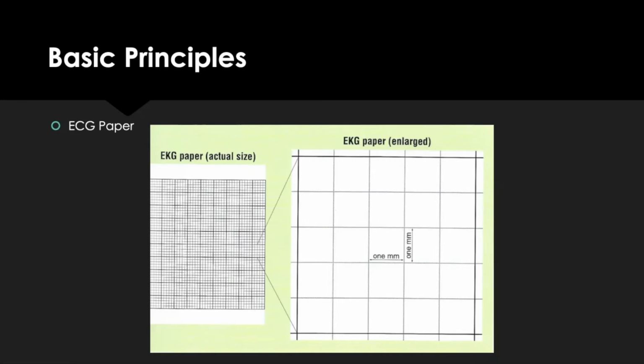Each big square is 0.2 seconds long, kind of like a graph. EKG strips, their x-axes are time. So each one of these big squares is 0.2 seconds long, and each one of these little squares is 0.04 seconds long. This will be really important when you analyze your EKG strips.